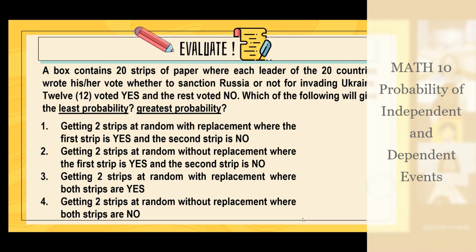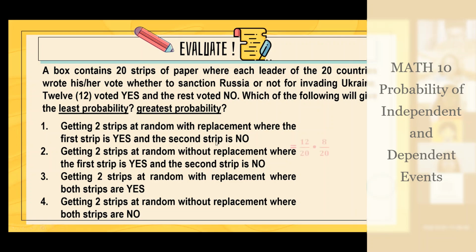Getting 2 strips at random without replacement, where both strips are no. Which will give the greatest probability, Enzo? Number 3 po. Okay, number 3. Getting 2 strips at random with replacement, where both strips are yes. So number 1 with replacement, number 2 without replacement. So number 1 is independent, number 2 dependent, number 3 is independent, number 4 dependent.